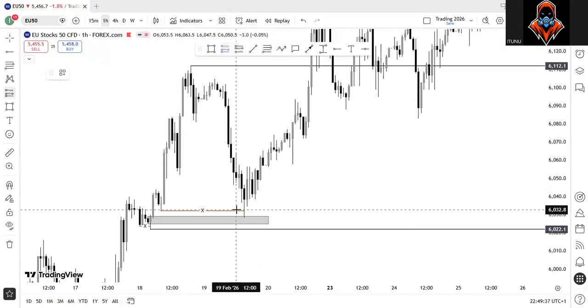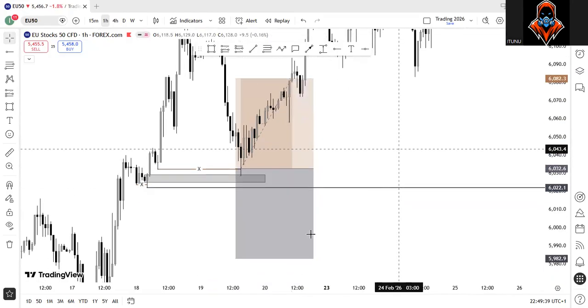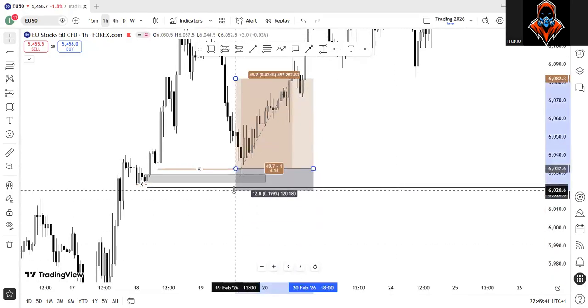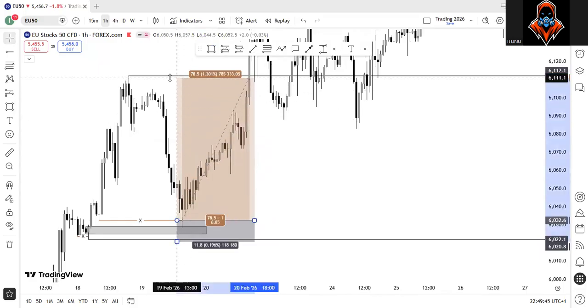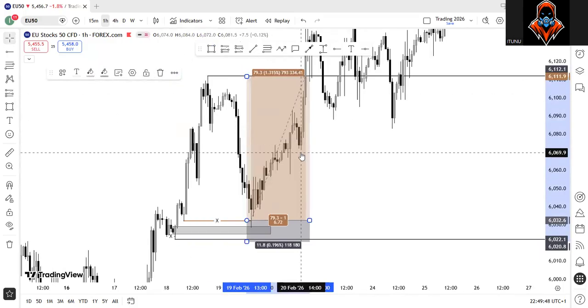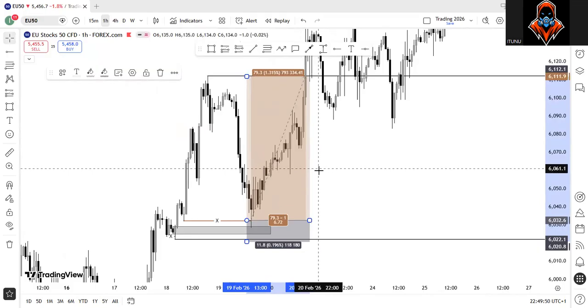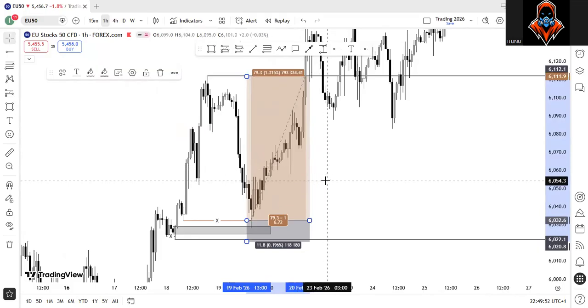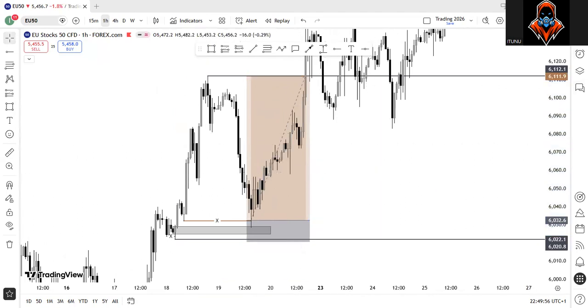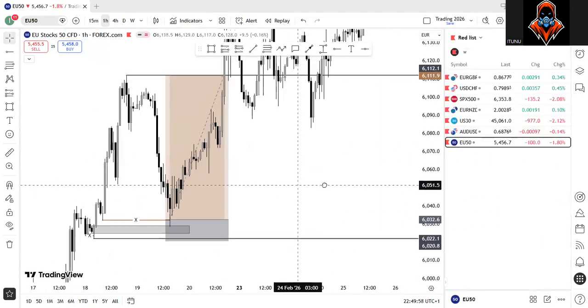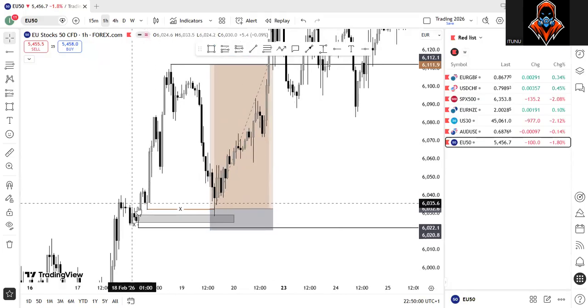So my entry was over here. OSL, then our targets. Yeah, 6.72 hour. So yes, that's all I'm going to talk about. This is a type 1 setup.